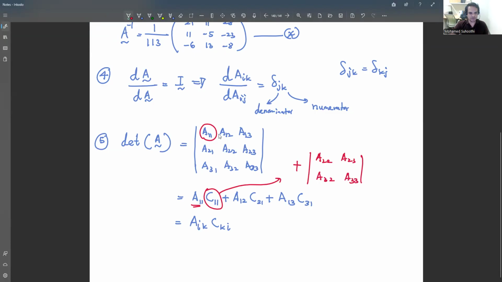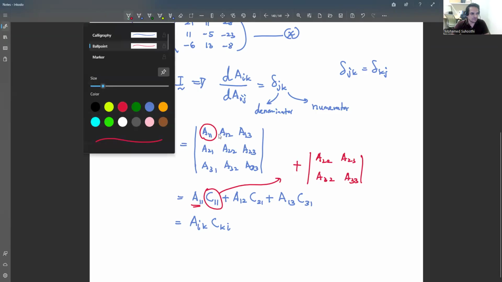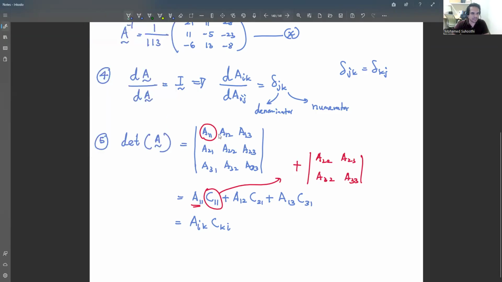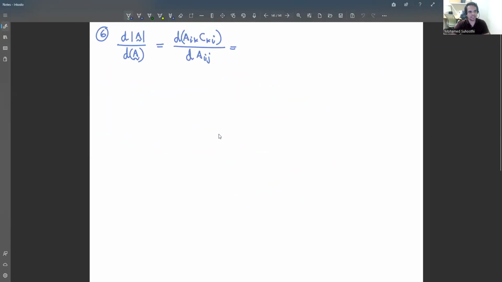So this one is independent of A11. Therefore, when you differentiate with respect to one coefficient, the cofactor matrix is independent of that coefficient. That is just a constant, so you can take it out.